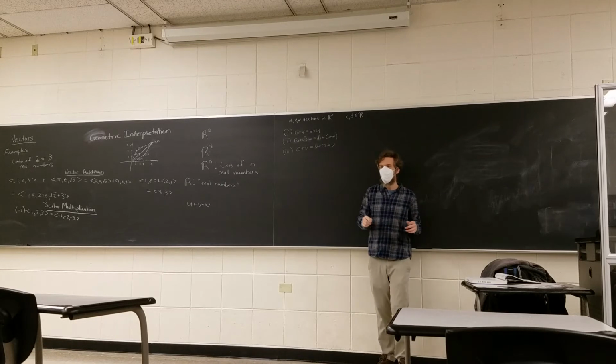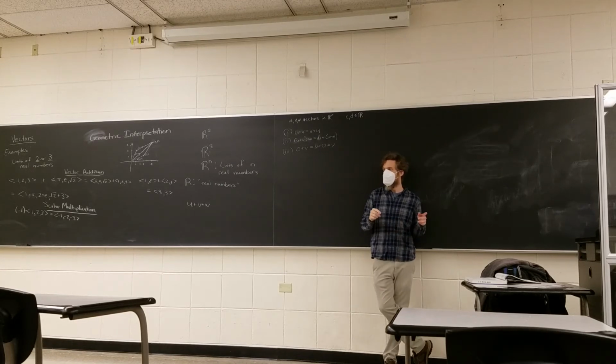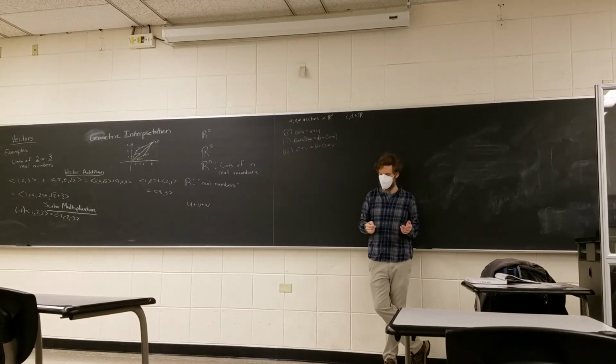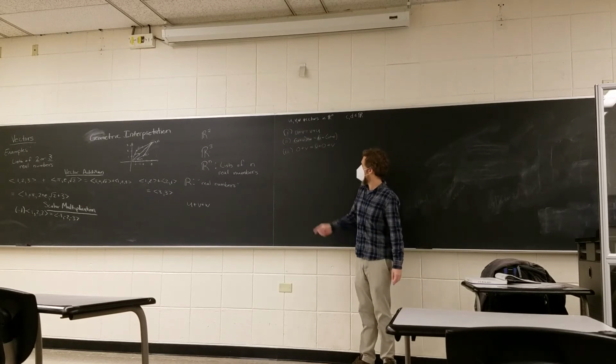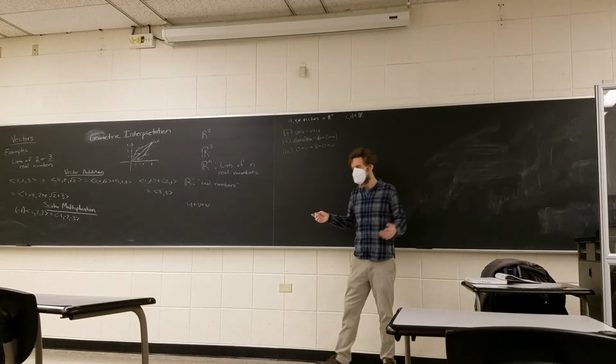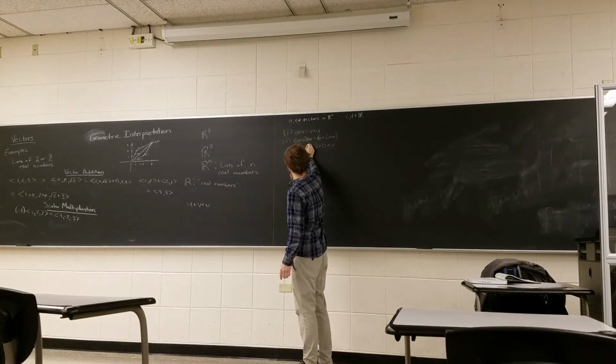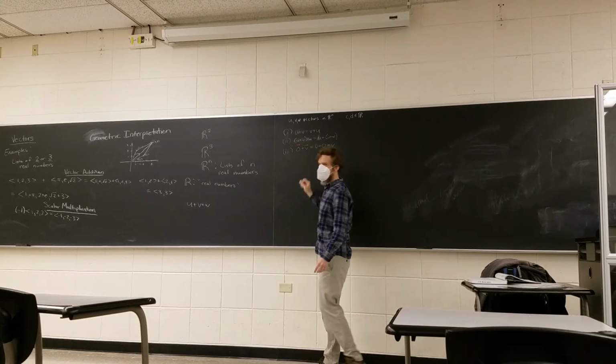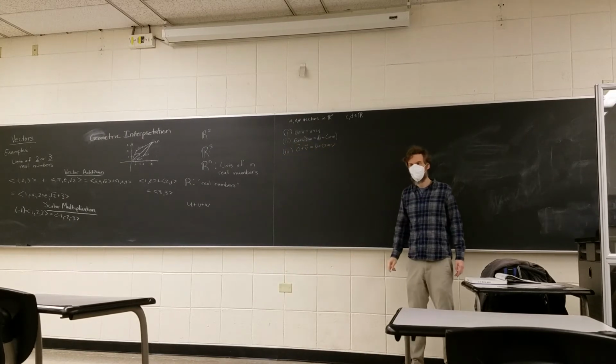Also I should say this. In the book, they signify vectors with a bold type, and scalars with a normal type. I can't do that on the board, and so oftentimes what people will do is that they will write arrows above everything that they intend to be vectors.